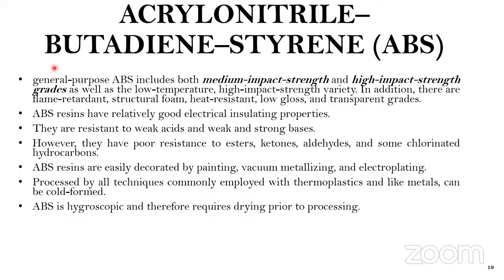There is one known as general purpose ABS. This is a type grade of ABS that is known as general purpose ABS. We have, like, general purpose styrene, that is GPS. Here we have general purpose ABS, which includes both medium impact strength and high impact strength grades, as well as a low temperature, high impact strength variety.